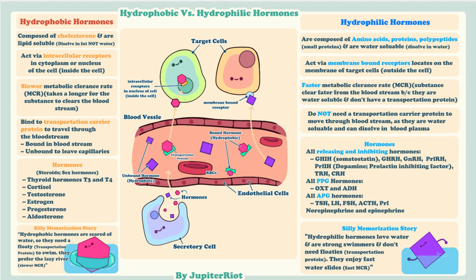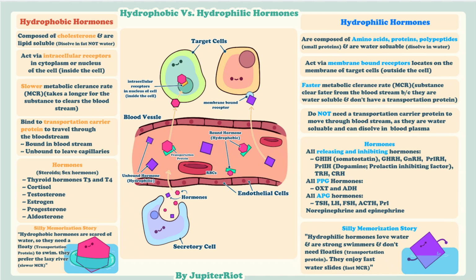So the hormones that are going to be related to hydrophilic hormones are going to be all releasing and inhibiting hormones, posterior pituitary gland hormones, and all anterior pituitary gland hormones. The little silly memory trick I use for this one is that hydrophilic hormones love water. Usually if it's something philic, that means you like or enjoy it.